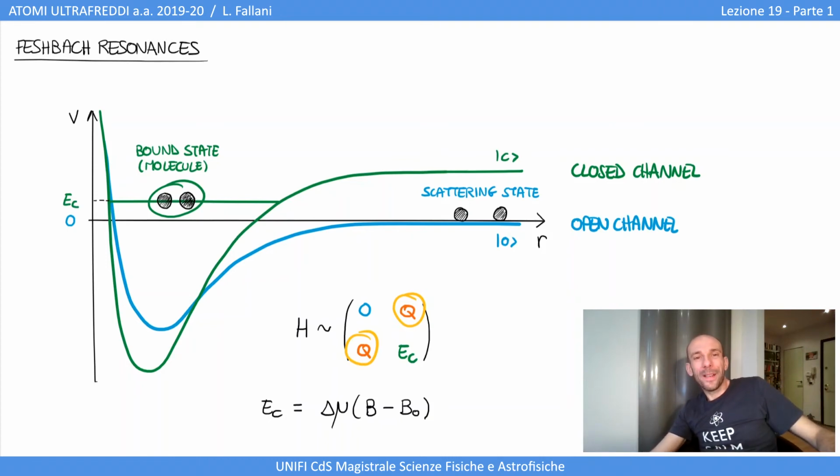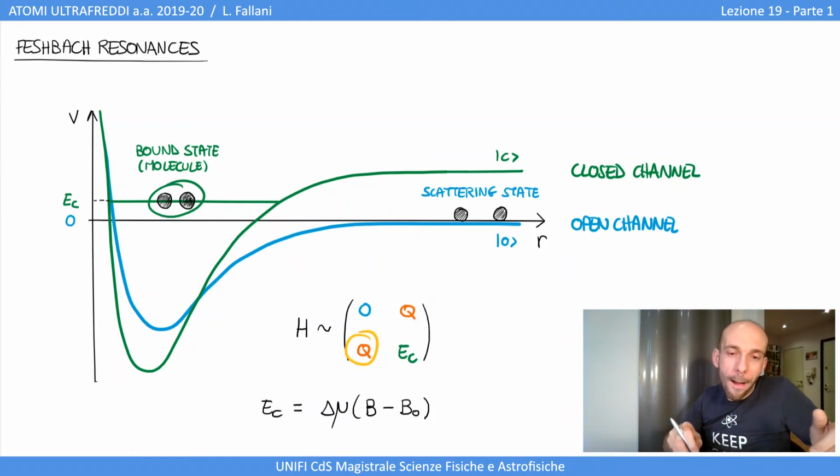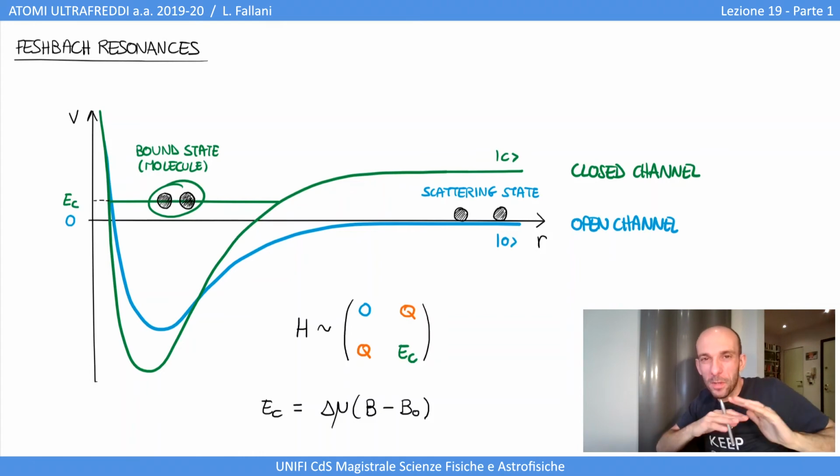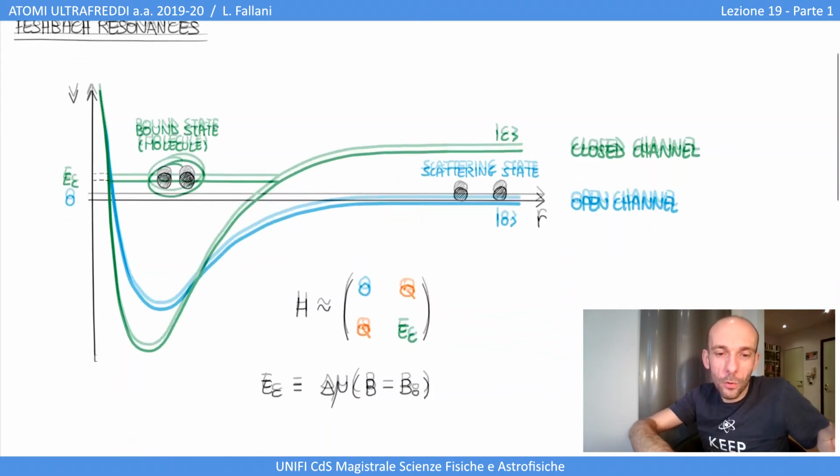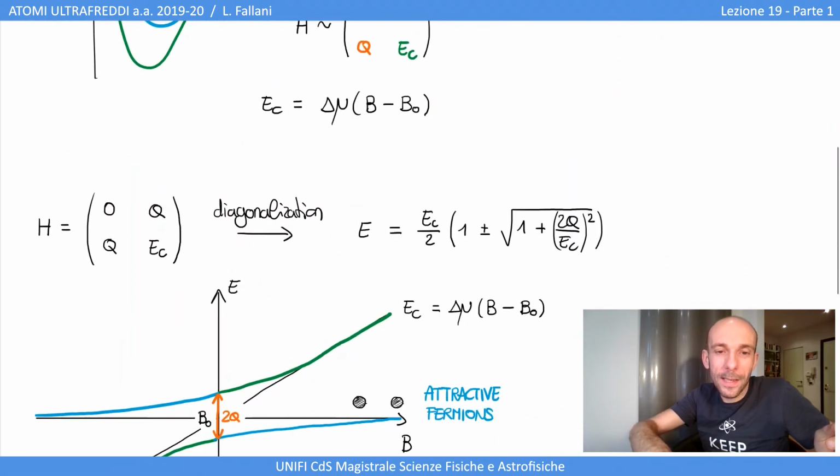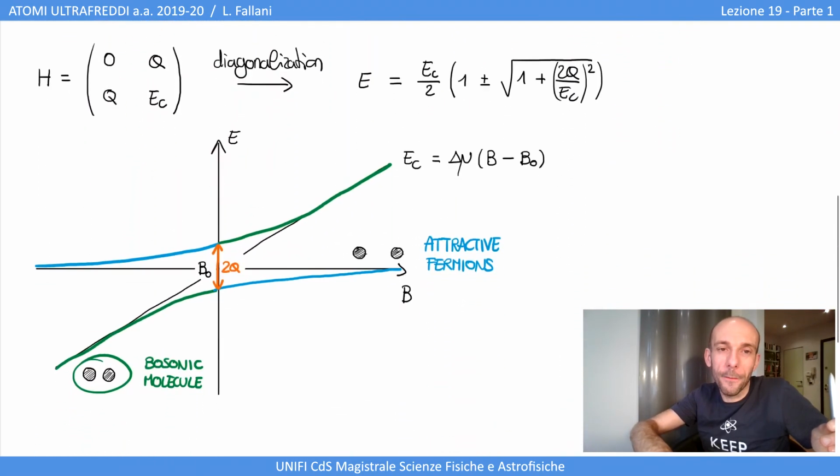Now, instead of performing the calculation of the scattering length, we can do something that is even simpler. So you can just take this 2x2 matrix and diagonalize it, without writing wave functions and nothing like that. So very simple, very easy. We diagonalize and we find some eigenvalues.